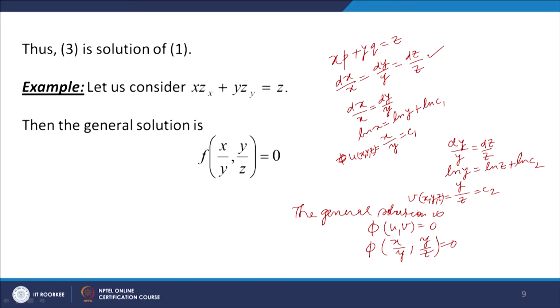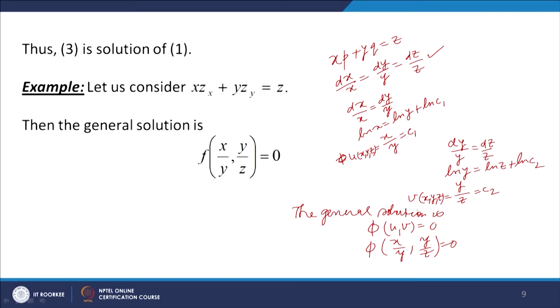Instead of taking dy by y equal to dz by z, one can take dx by x equal to dz by z also. So, there are two independent relations; the third one is dependent on the other two. So, we can write the general solution of this Cauchy-linear PDE as an arbitrary function phi of (x over y, y over z) equal to 0. Here we have written f instead of phi.